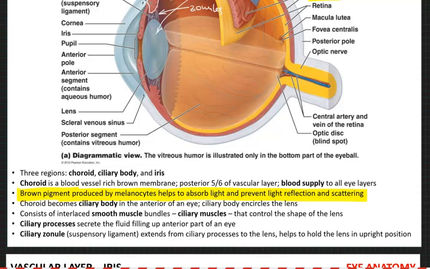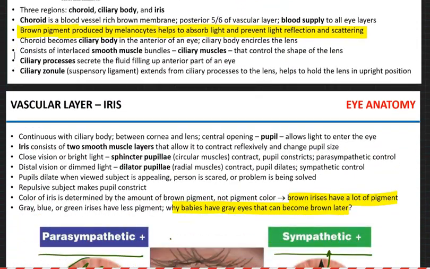The pigment in the choroid absorbs light and prevents its scattering. Does that make sense? So, people with albinism, would they have some sort of visual impairment? Sure, because they don't have that absorption. Okay?